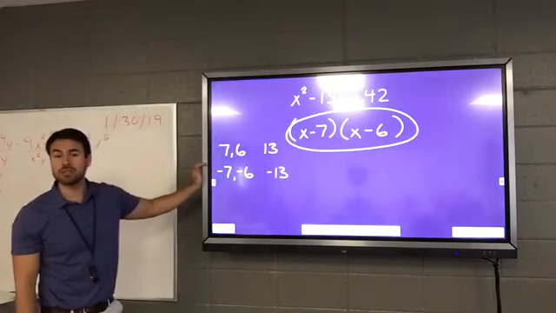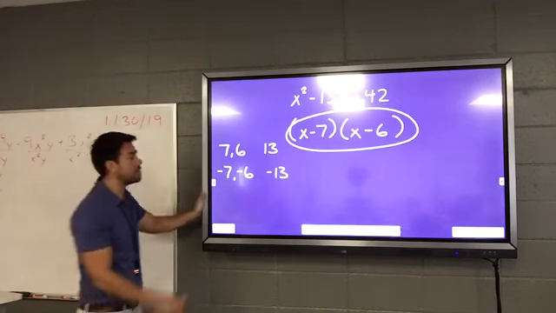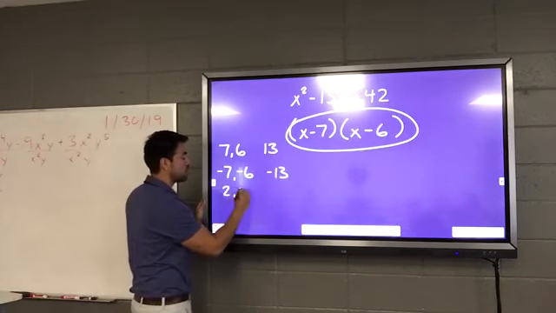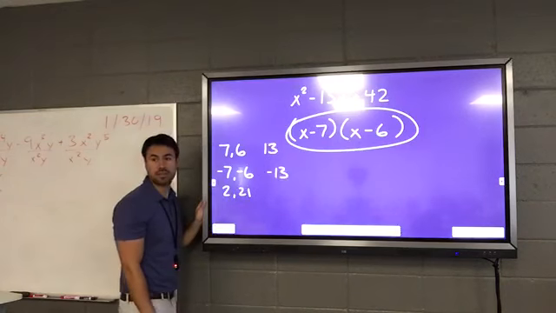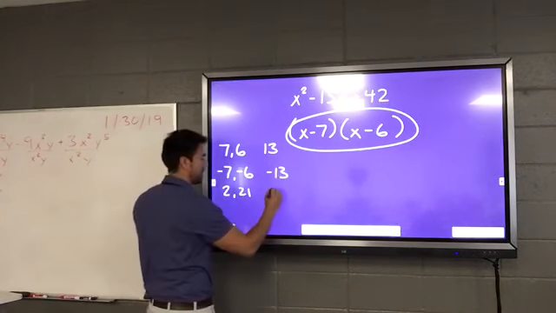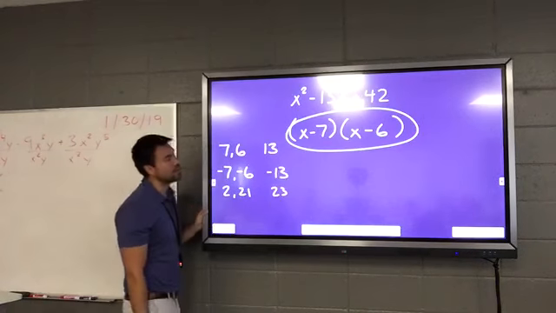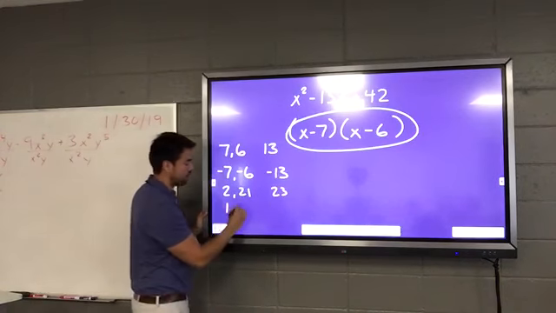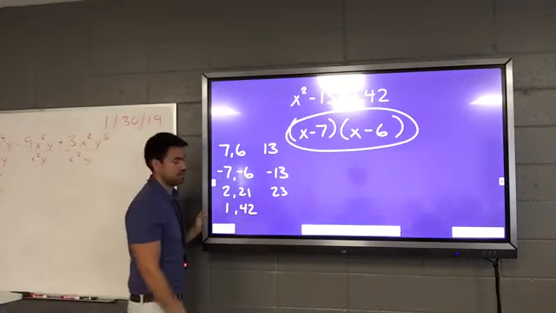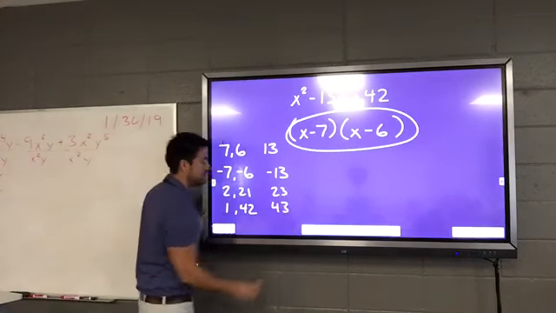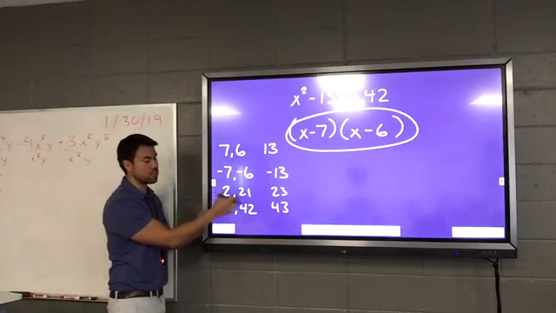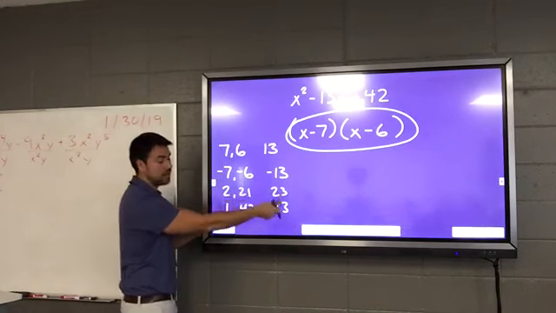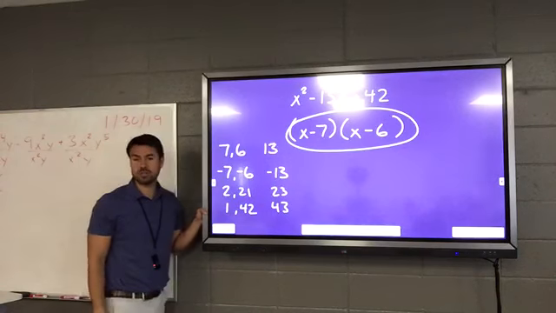All right, but you know how many possibilities there were on this problem? How many of you tried 2 and 21? Okay, that would have given you 23. How many of you tried 1 and 42? That's 43. You could also try the negative versions, and you would have got negative, negative. So how many possibilities were there?